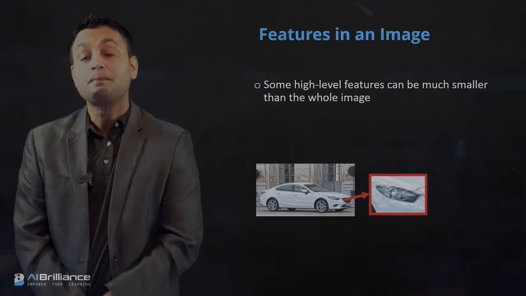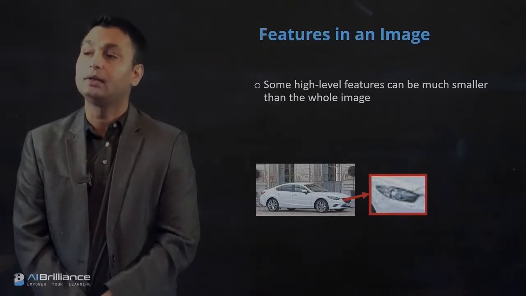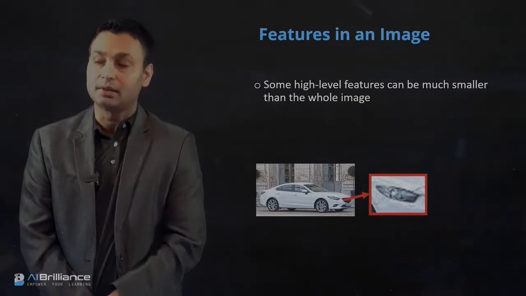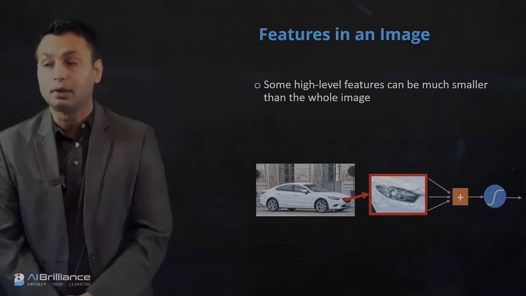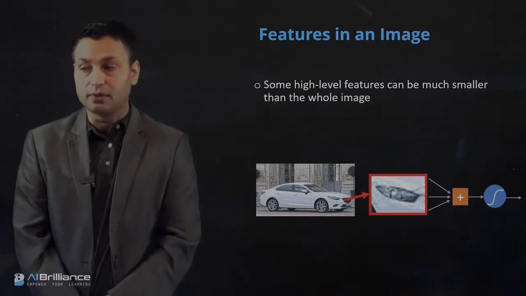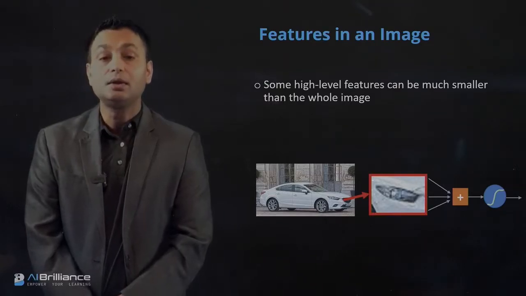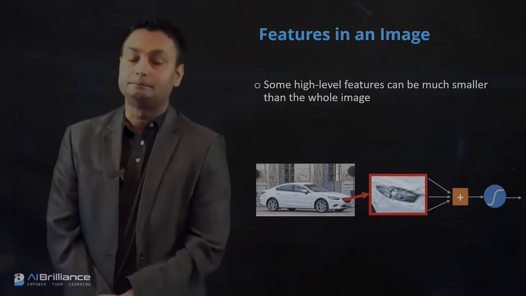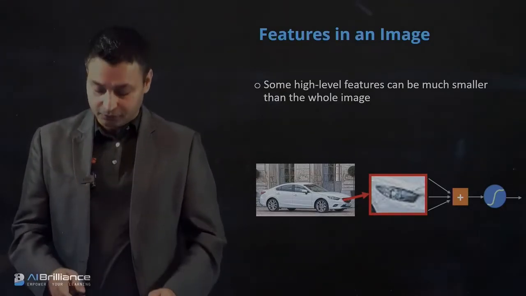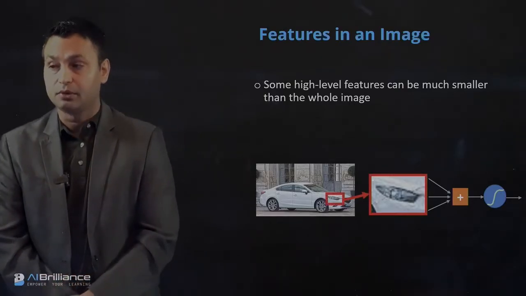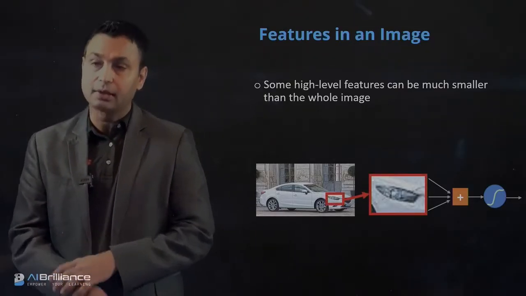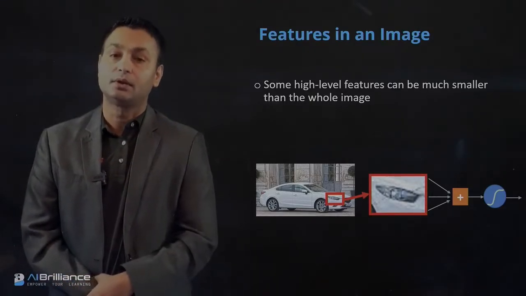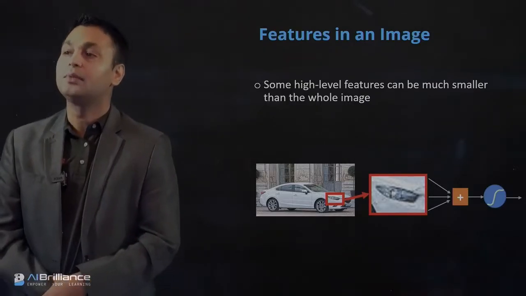So can we identify those smaller features and use them as a basis to recognize objects inside a given image? This is what we are interested in: looking at these smaller features and using them in a deep neural network framework, through a linear weighted transformation followed by a non-linear transformation, to identify a given object. Can we use this feature across multiple different cars, and come up with a recognizer which uses this small-scale feature? That is the main intuitive idea.